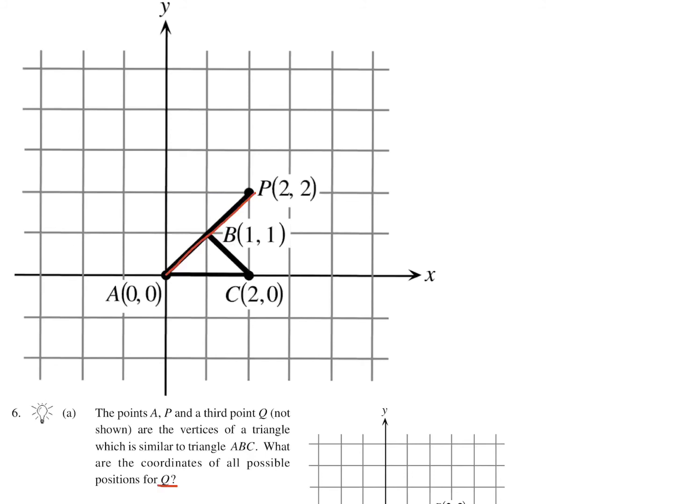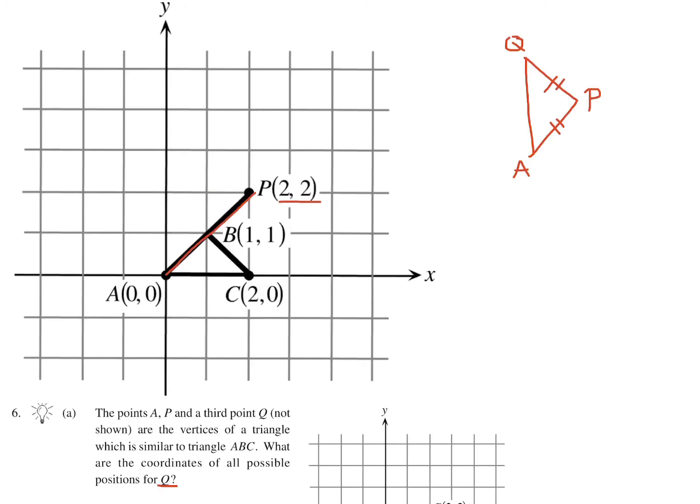Now we can approach this in a few ways, about 3 different ways I believe. The first is treating AP as one of the 2 equal sides, right? So if you have a triangle that's isosceles, and these are, let's say, the 2 equal sides, we're saying that AP is one of those equal sides. And therefore, where's Q? Q is right here. So by the nature of this and symmetry, P is right here.